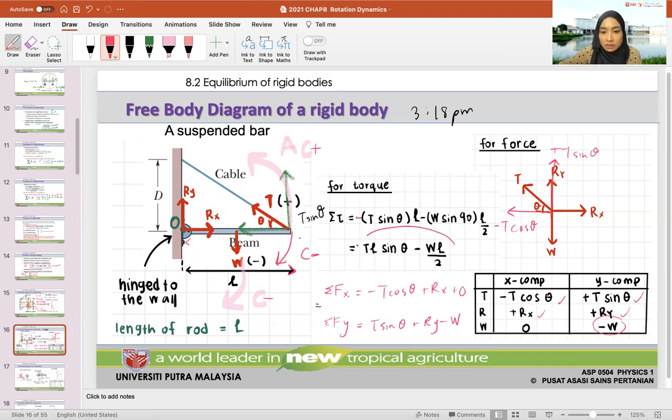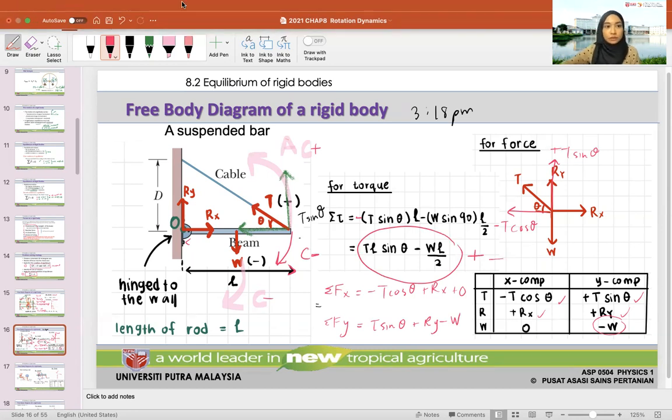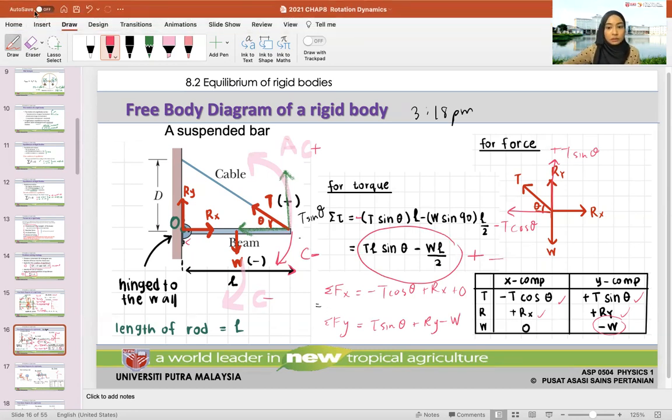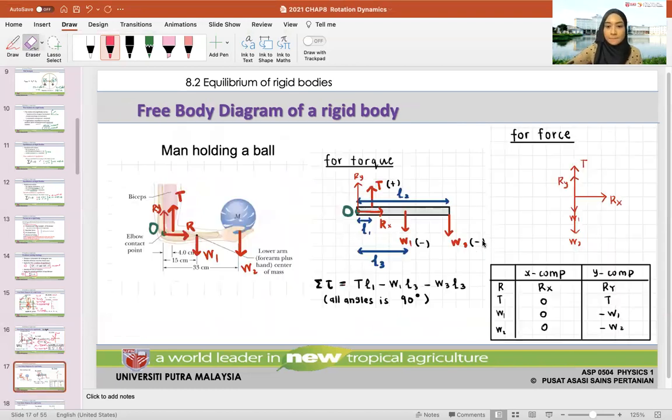So if this magnitude gives me positive, I know that the rotation is going to be anti-clockwise. If this whole magnitude gives me a negative, I know that the rotational motion is clockwise. A negative torque doesn't mean a bad thing. It just tells us it's clockwise. That's all. Okay? So no questions? Alright, so I'm going to move on. If you have any questions, please interrupt.